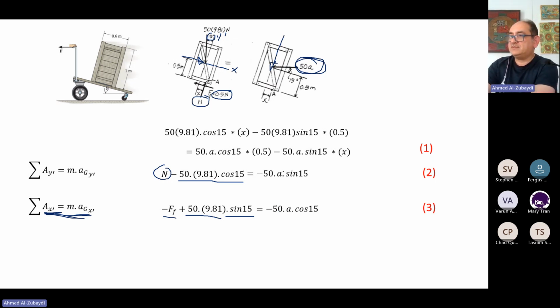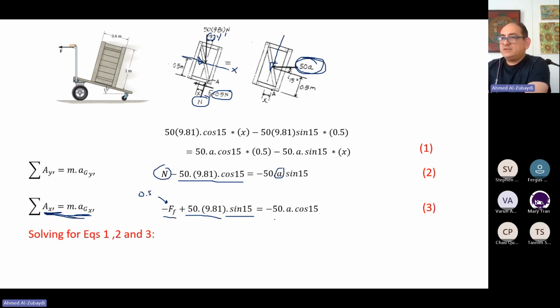I'm sorry, here we still have two unknowns. Now we have two equations with two unknowns, so I can find the n as a function of a from equation 2. Substituting in equation 3, I can find the n and I can find the a accordingly. Remember that this f is equal to the n multiplied by 0.5.